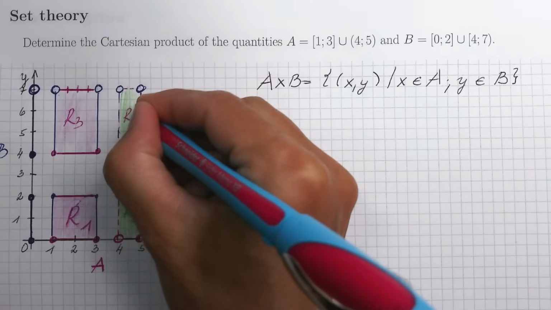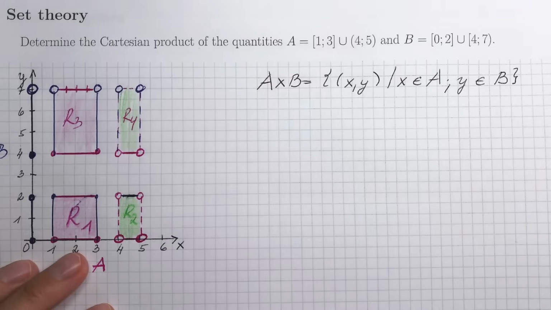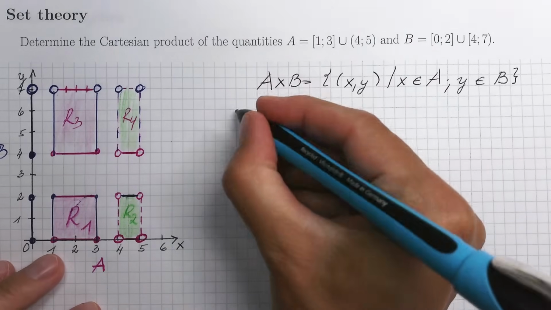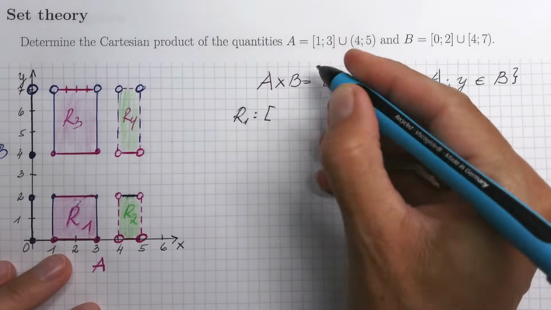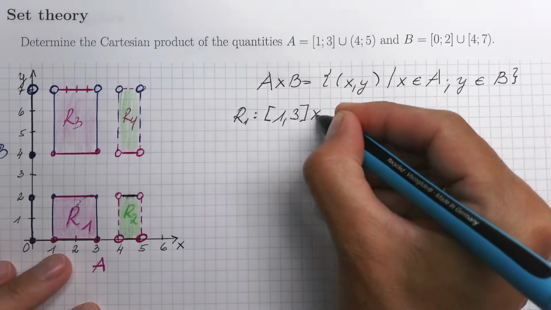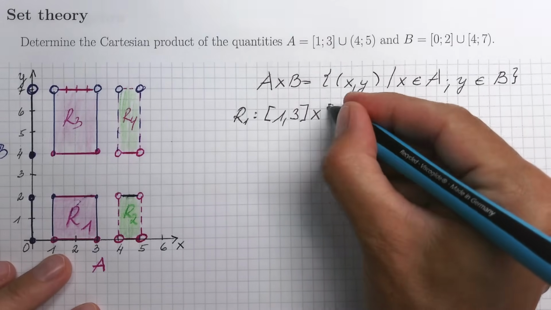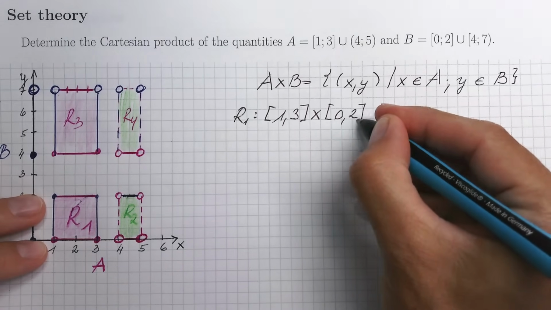And R4. Okay, if we want to write this down, we can do that. Let's start with the first one, R1. This is the closed interval between 1 and 3 Cartesian product with the interval 0 and 2.